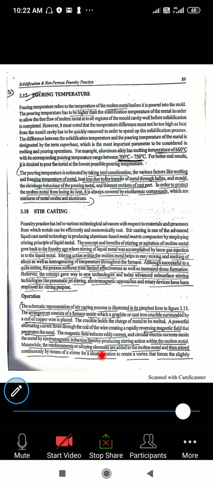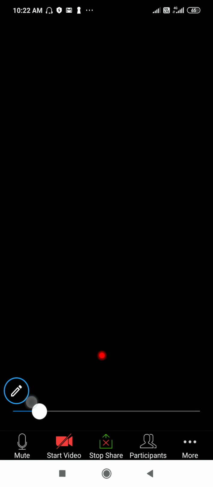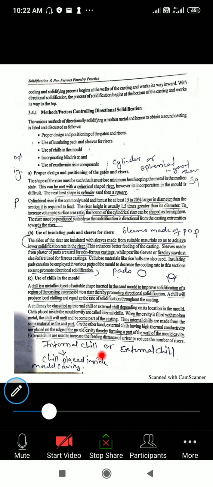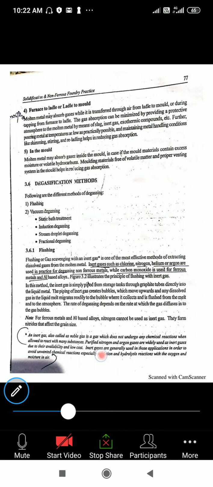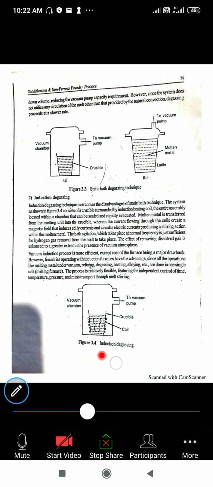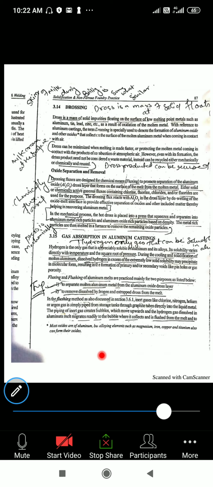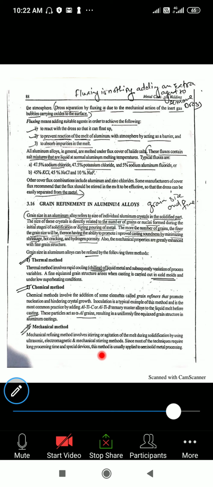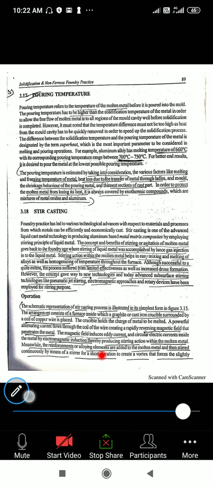Now the pouring temperature: how much temperature is to be maintained and what conditions are to be maintained for non-ferrous metal. One more thing is the concept of stir casting, which is one of the important concepts you are going to study.